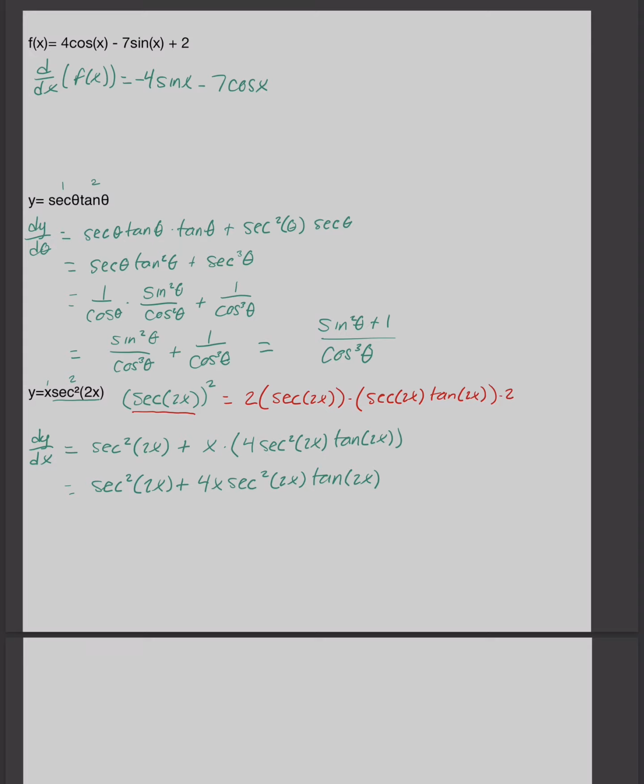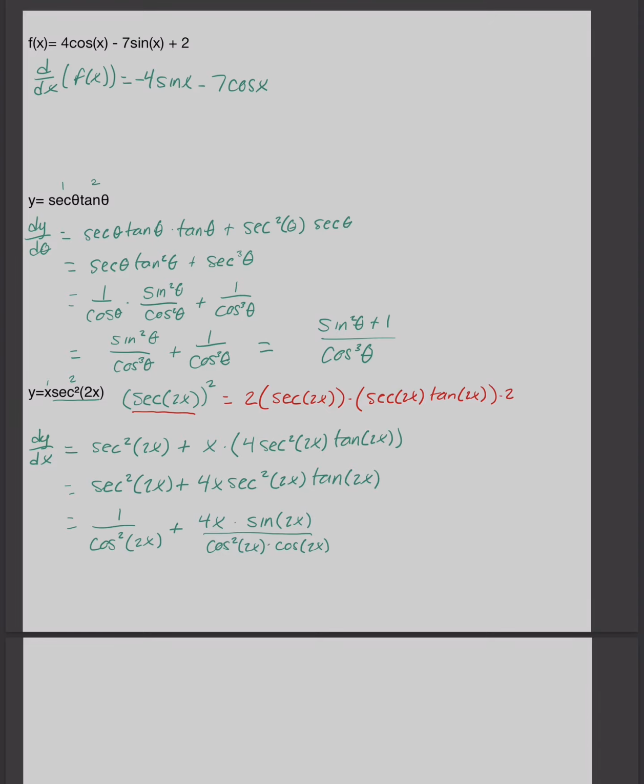And again, we'll be able to change these into sines and cosines right now. So secant is 1 over cosine. So this would be 1 over cosine squared of 2x plus 4x, and secant squared again is, so this will all be over cosine squared of 2x from our secant, and tangent will turn into sine over cosine, so we'll have a sine on the top, sine of 2x, times a cosine of 2x on the bottom.